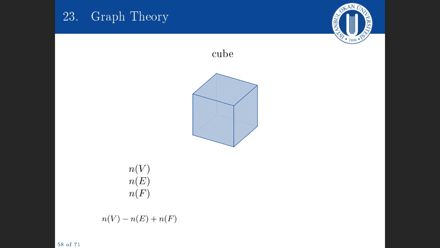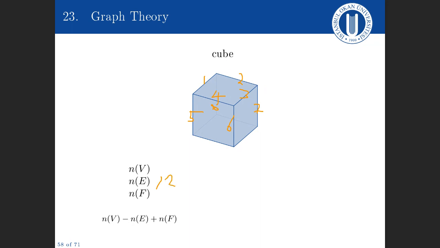A cube, how many vertices? We can count them. 1, 2, 3, 4 on the top, and then another 4 on the bottom, so that's 8 vertices. How many edges? 1, 2, 3, 4 on the top. Vertical ones, 5, 6, 7, 8, and then another 4 on the bottom.